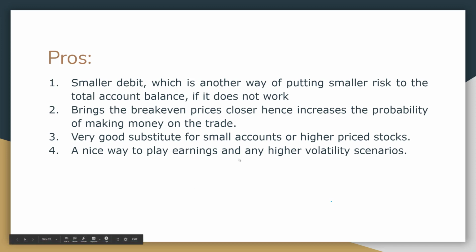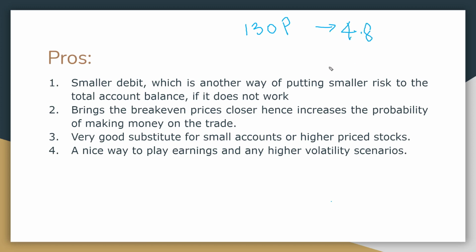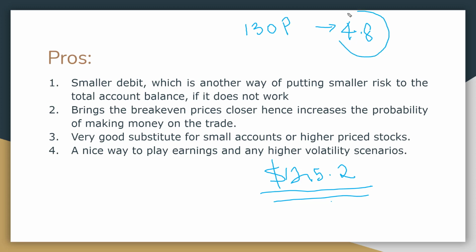It brings the break-even price closer. What do I mean by break-even price? You buy the 130 put at $4.80. At expiration, the stock has to close below 130 minus 4.80, which is 125.20. You have to have Apple close below 125.20 to make any money, if you hold till expiration.